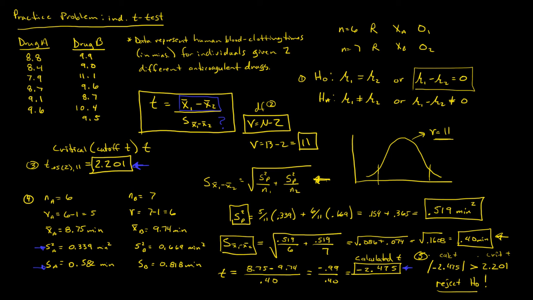You would actually have to go in here then and say, well, which one was the better drug? There's no follow-up test. You just have to provide an interpretation. Well, it's the mean of group A, so anticoagulant drug A reduced blood clotting time relative to anticoagulant drug B. Okay, so that is the big picture.